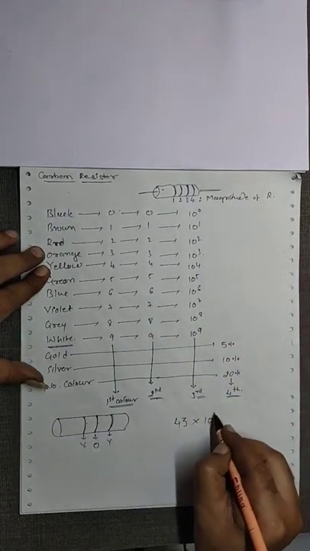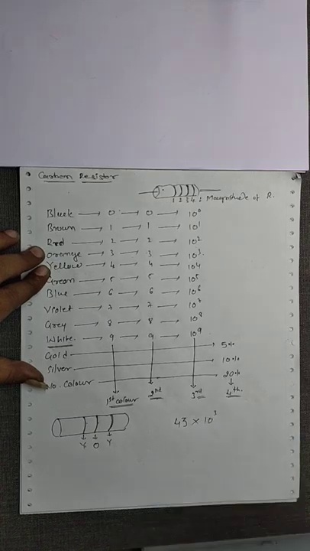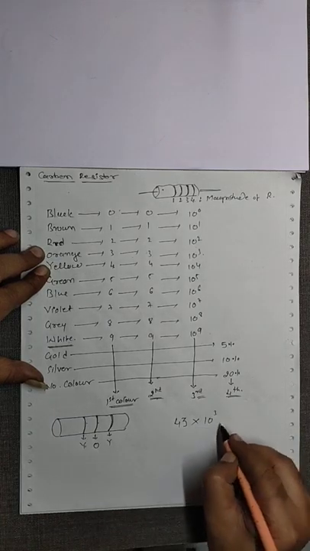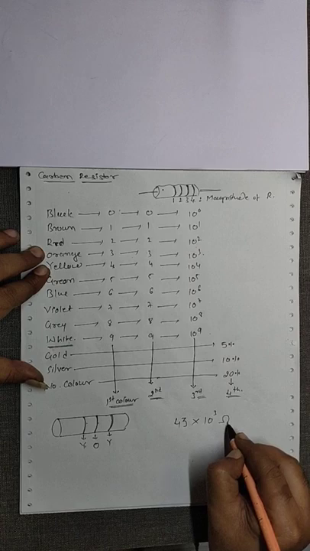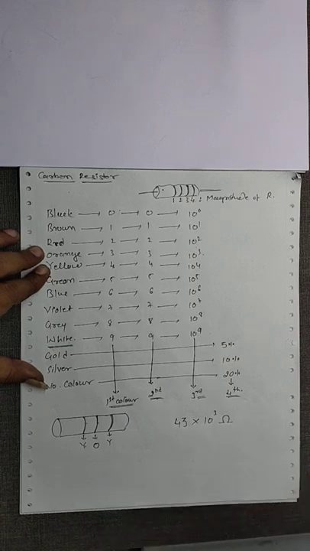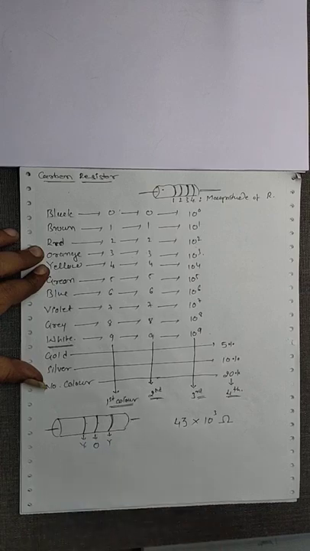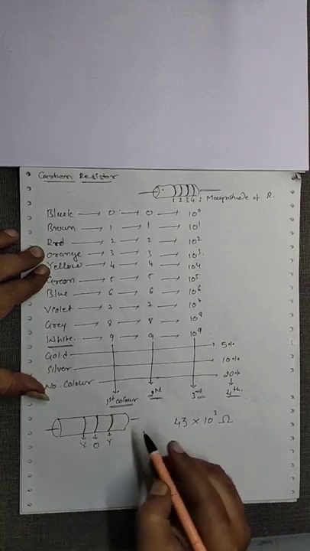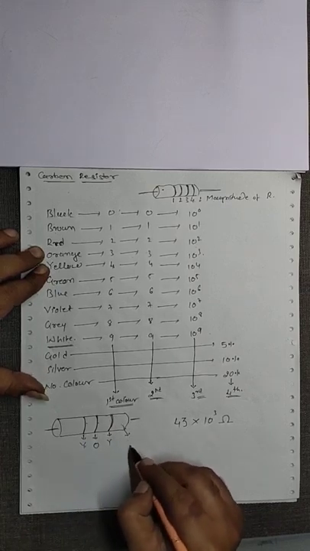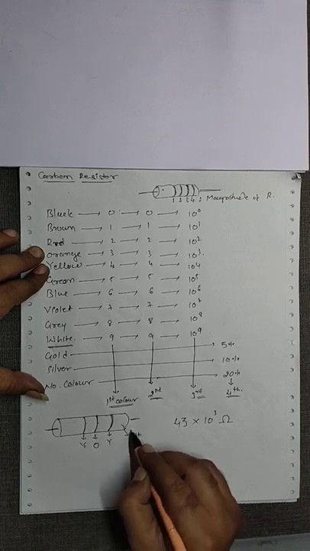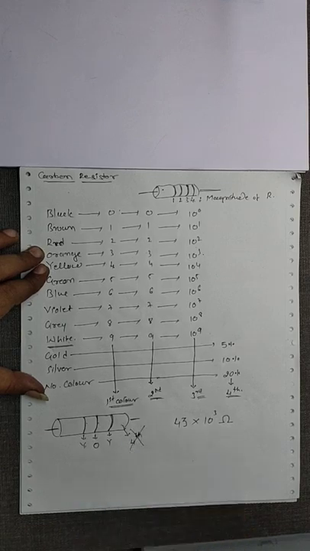So this is the magnitude of this given carbon resistor. Here see, the fourth line is missing, right? The fourth color is not there.